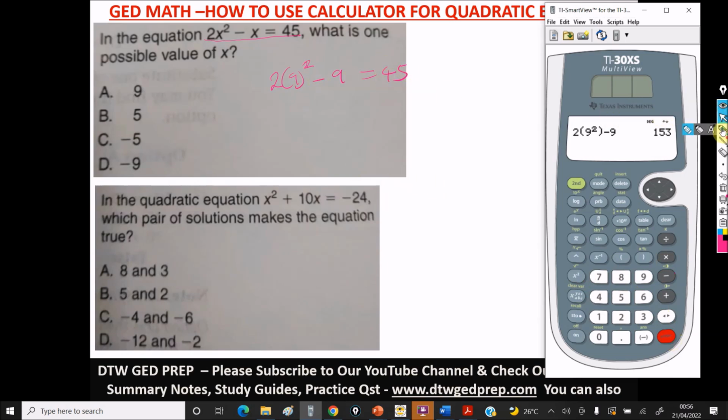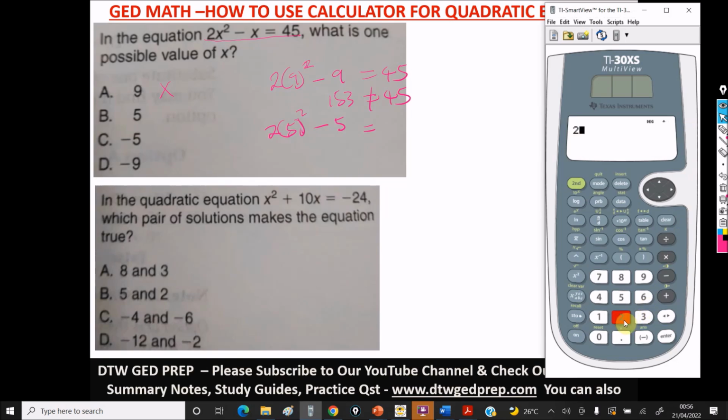So 153 isn't equal to 45, and this is not our answer. Let's try 5. So we have 2 times the square of 5 minus 5. Remember, when using your calculator, always clear before you start another operation.